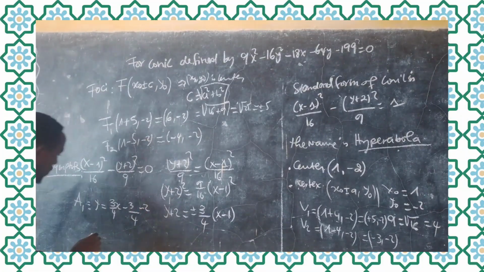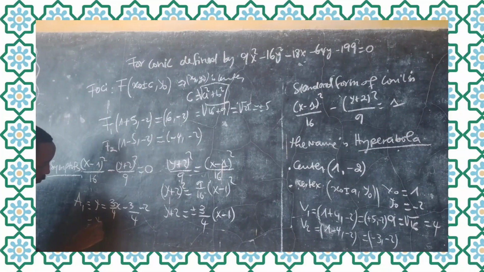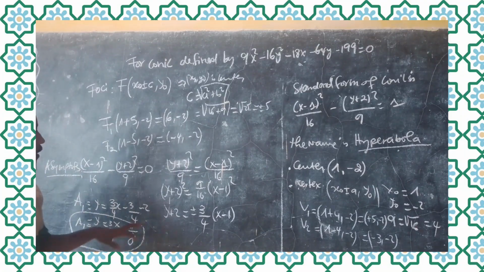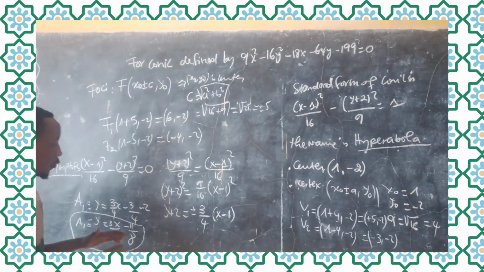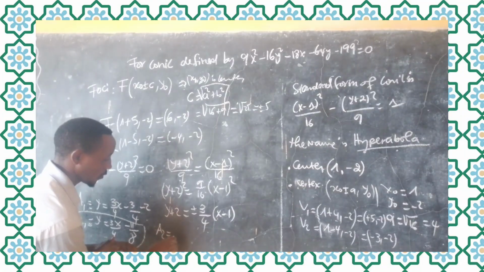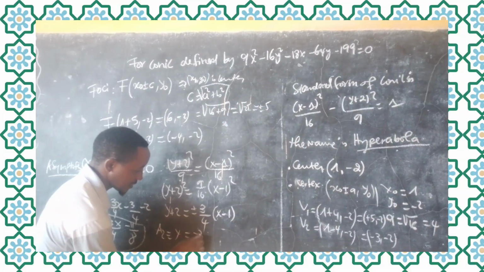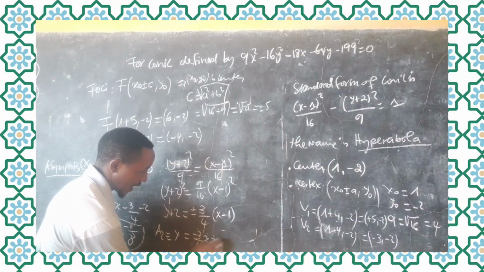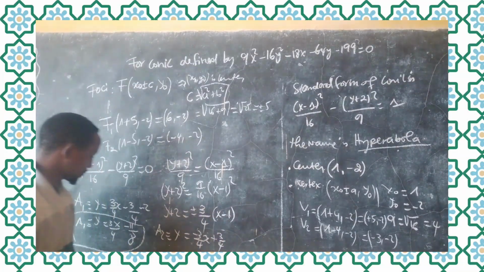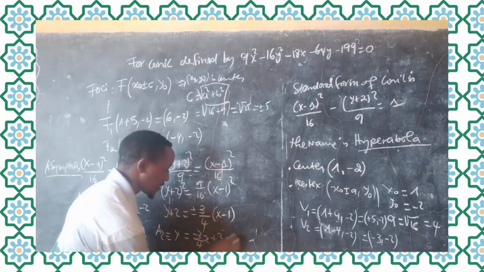Then minus 2. Taking the common denominator, this is y equal to 3x over 4 minus 11 over 8. So this is the asymptote number 1. For the asymptote number 2, y is equal to negative 3 over 4 x plus 3 over 4, then minus 2.